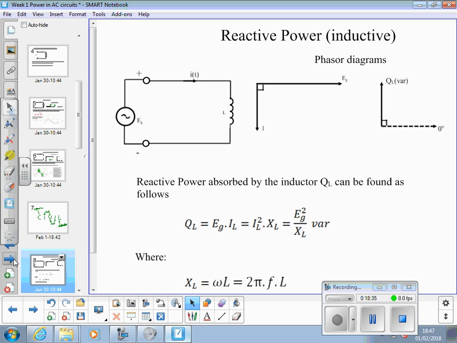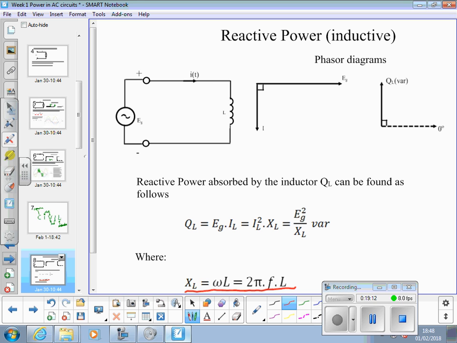Okay, so this reactive power absorbed by the inductor, QL, can be found as follows. Again, three ways to find QL. The generator voltage times the inductor current. The inductor current squared times the inductive reactance, where XL is equal to either omega L or 2 pi times the frequency times L, depending on what we know.